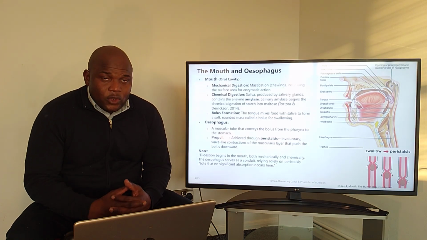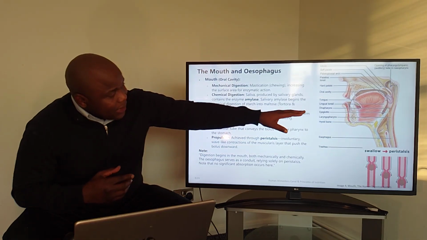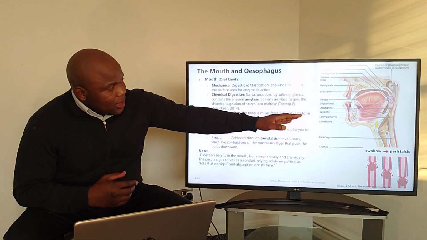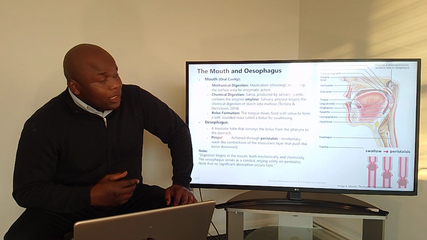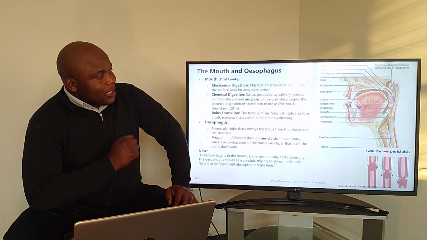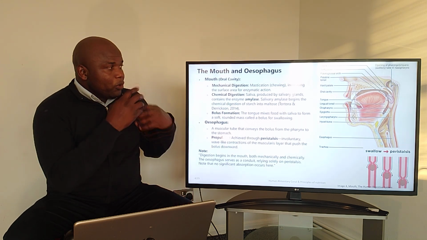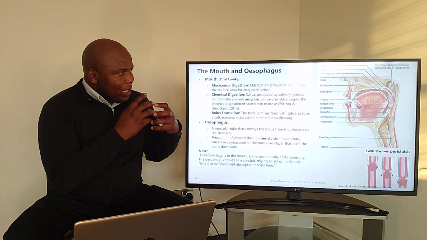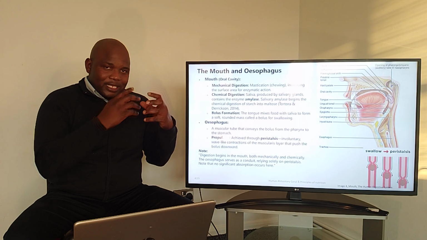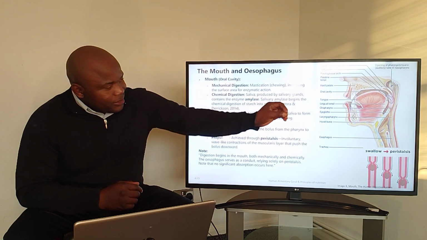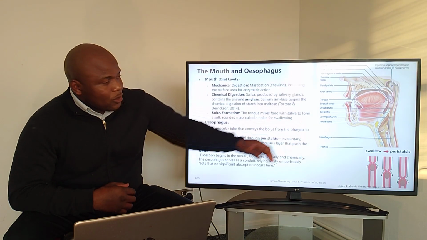From there, we also have chemical digestion from the saliva that comes from the salivary glands within the mouth, be it sublingual glands or submandibular glands. With the aid of the tongue, they roll the food, forming a bolus, so small balls of food. After chewing, the tongue will roll those balls, pressing them down, passing the pharynx, going towards the esophagus.